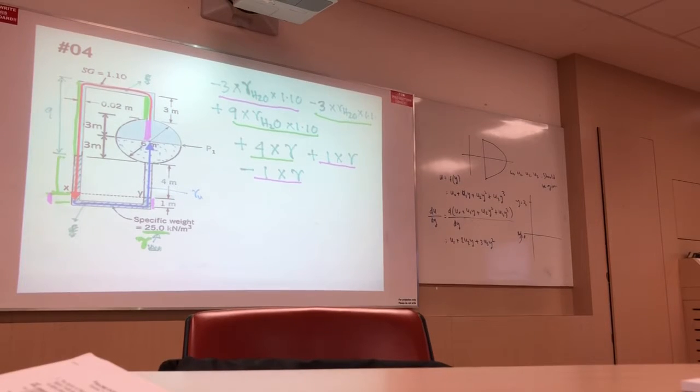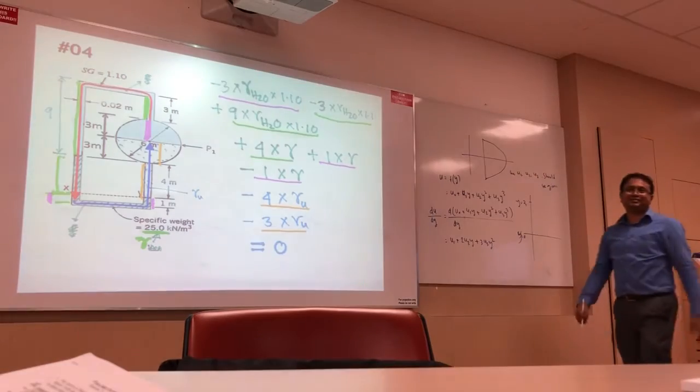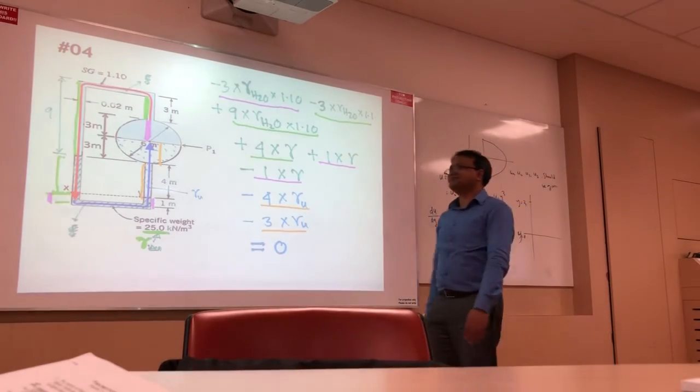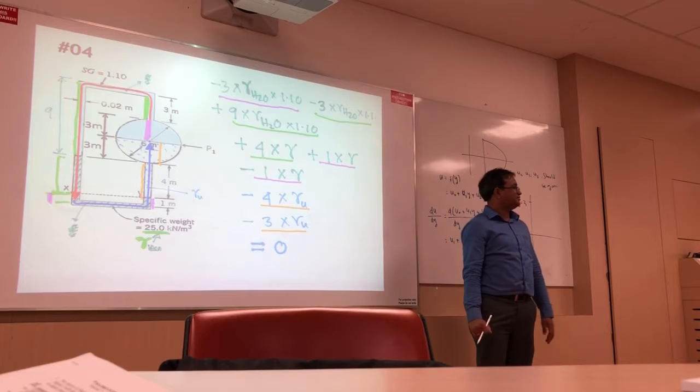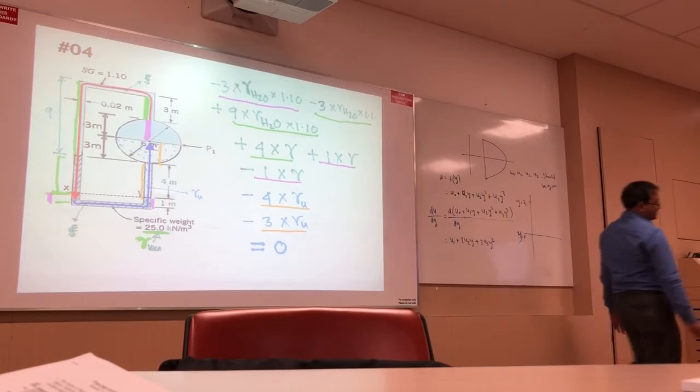Then negative is the unknown fluid, right? This is 4. 4, then 3, is equivalent to 0. Done. Understand? Yes. This is the easiest tool.